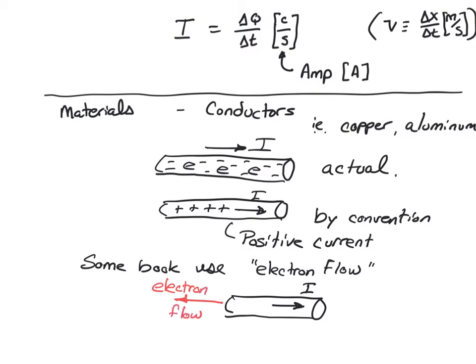So you'll see it both ways, but at least physicists and generally electrical engineers, by convention, that's the way we think of current. We think of it as the direction that the positive charge is flowing. Now, that's pretty easy. Copper, aluminum, they have extra electrons. Those electrons flow. They flow easily. There is some resistance. We'll talk about resistance later, but that's conductors.